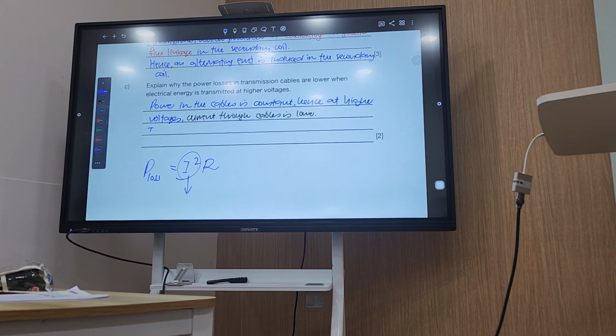Therefore, as power loss equals I squared R, less power is lost in transmission. Finish.